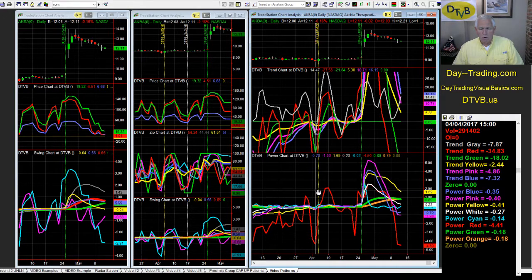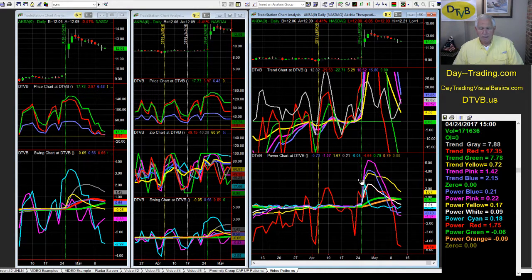The day before, power red was at minus 4.4, and then it's up here at minus 0.2. So it's gone up 4.2 points in one day, but it ended up under 0. Whereas over here, the power red went up just about 5 points, from minus 3.3 up to 1.75.